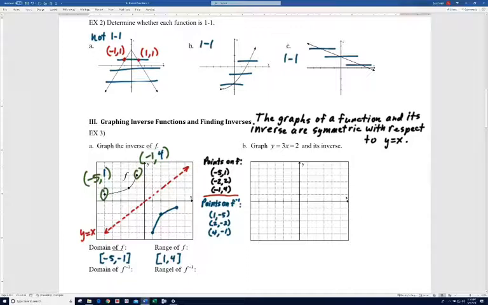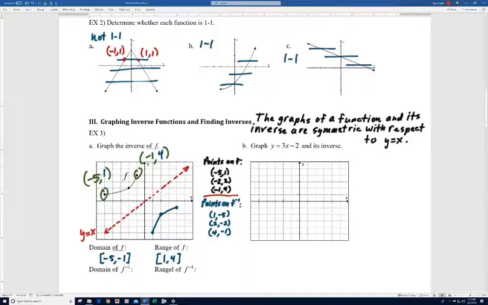So notice what this is saying. When it says the domain is -5 to -1, that means our x values, if you look at all these points on the graph, the x values go from -5 to -1, and we're hitting everything in between. Similarly, if you go from the lowest point to the highest point, the y values are going to go from 1 to 4.